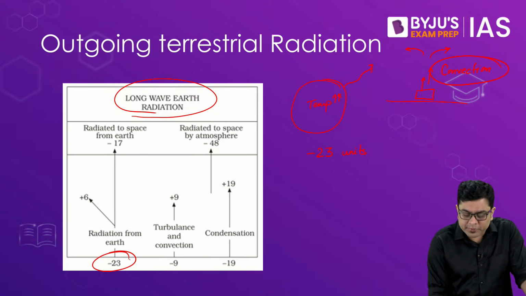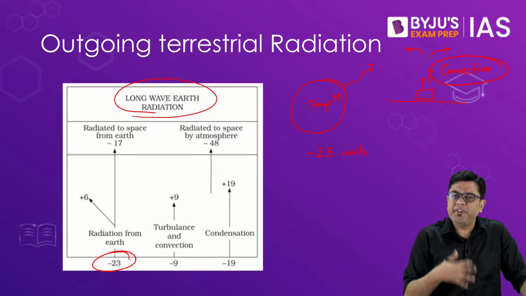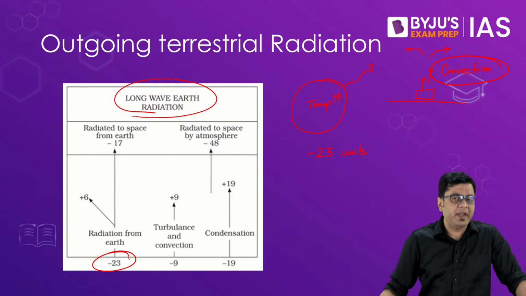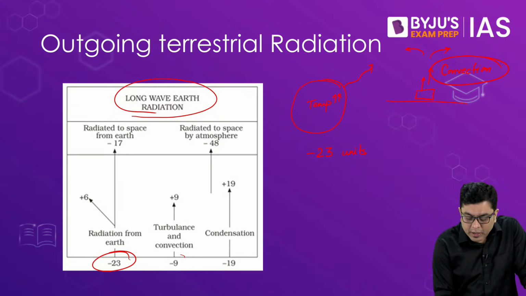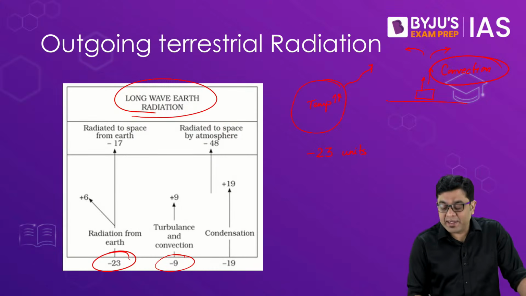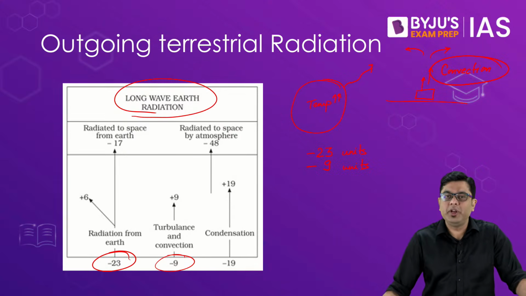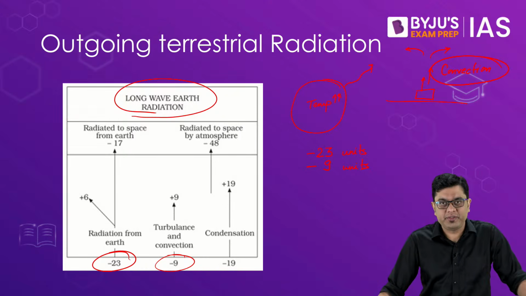So by this process of convection and various other methods of turbulence in the air mass, the vertical updraft of air, etc., the planet loses close to -9 units. So you have a further loss of 9 units from the surface.